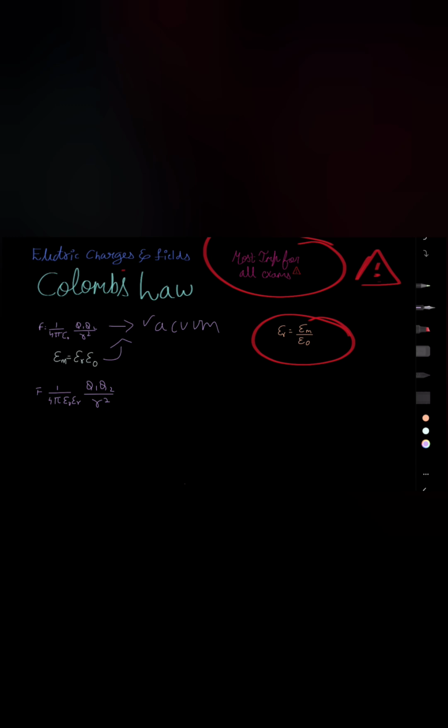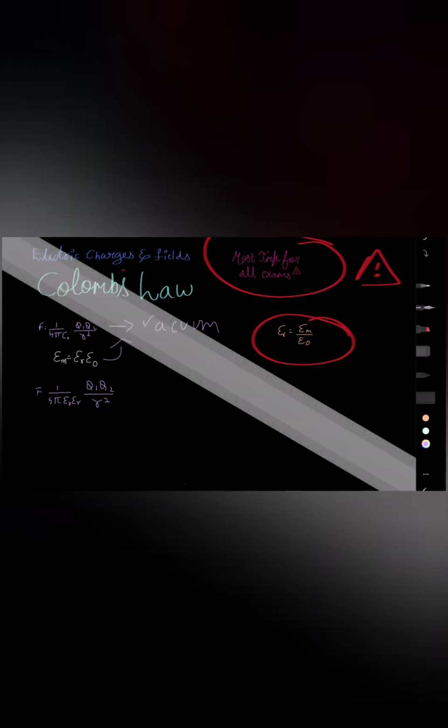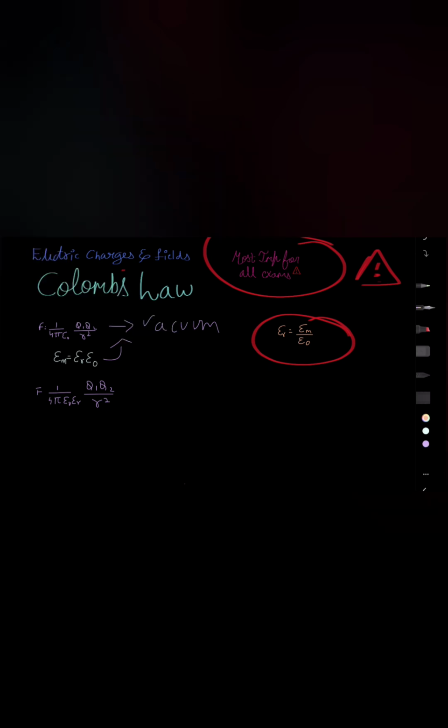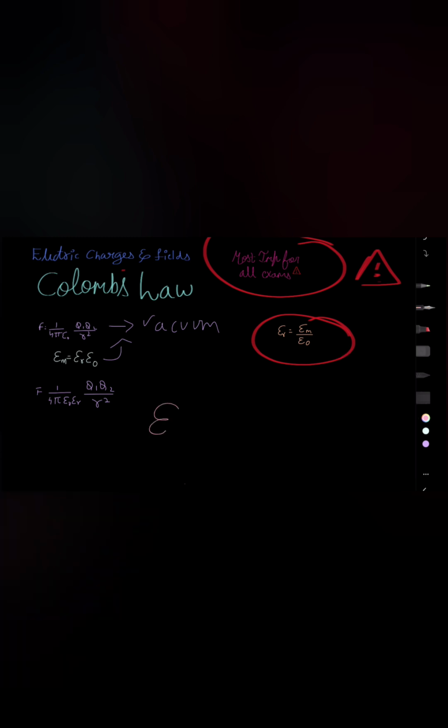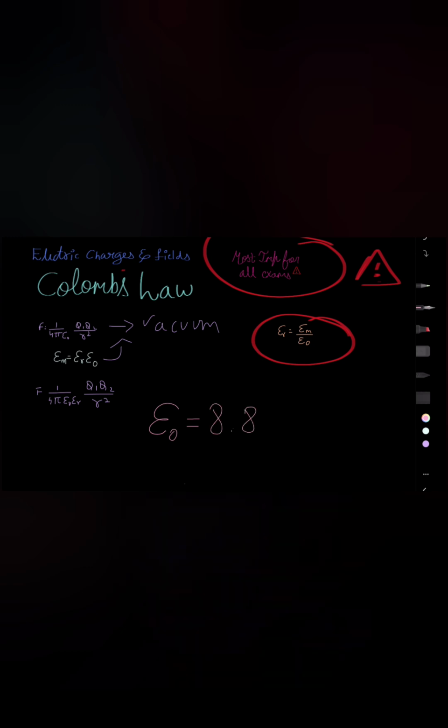Now the most important step is the value of epsilon naught. What is epsilon naught? It is the permittivity of vacuum, and its value is 8.854. This is very important to remember, the way we remembered Avogadro's number.